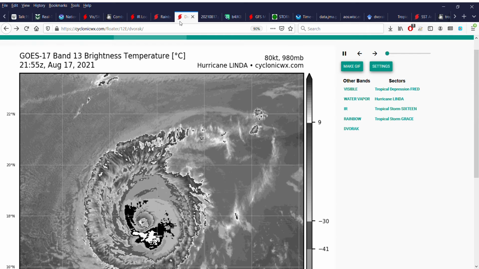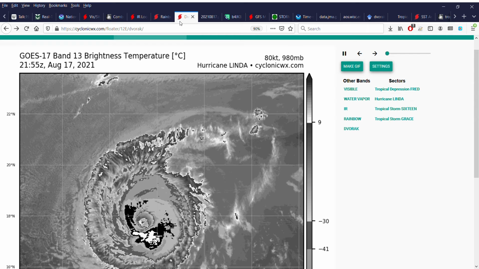Just because we're starting to see some colder cloud tops re-emerge, and if we can get full black imagery, I think this would trigger the satellite intensity estimates to increase from T4.5 to T5.0, depending on which frame, to potentially a T5.5.